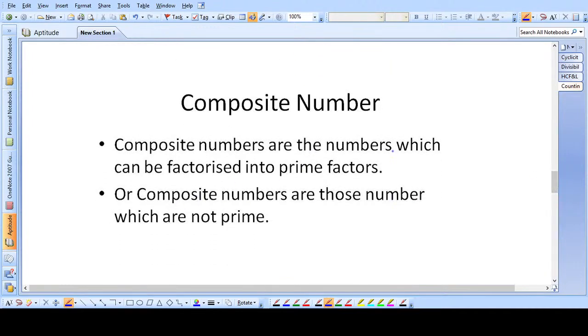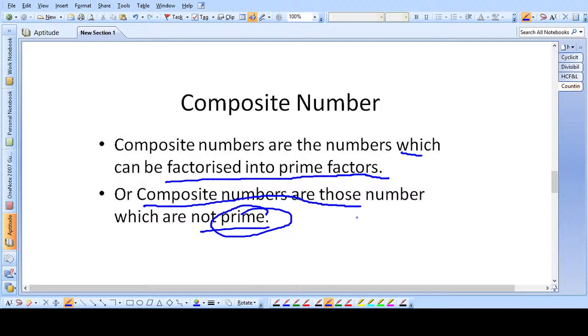Composite numbers are the numbers which can be factorized into prime factors, or composite numbers are those numbers which are not prime. They are made from prime numbers. Prime numbers are those which cannot be divided by any other number except themselves. Take a number such as 8.